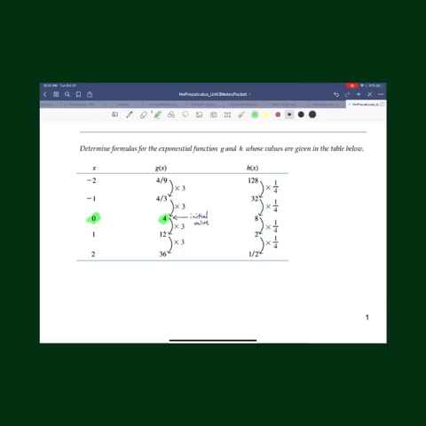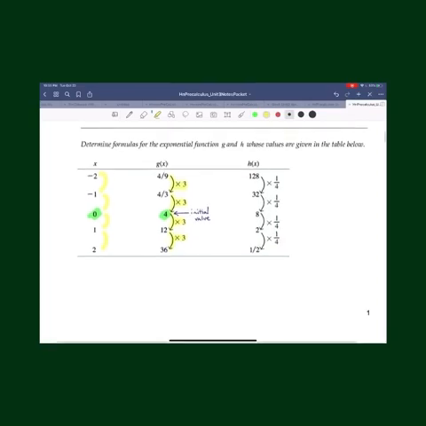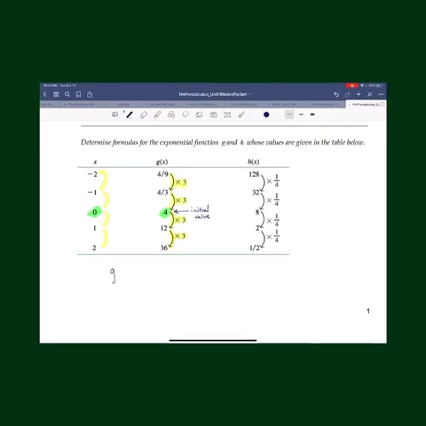And then we also see that every time x increases by 1, the value of the function g is multiplied by 3. So we have the function g of x equals 4 multiplied by 3 to the x. And this is an example of an exponential growth function.